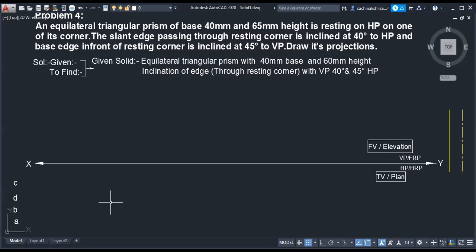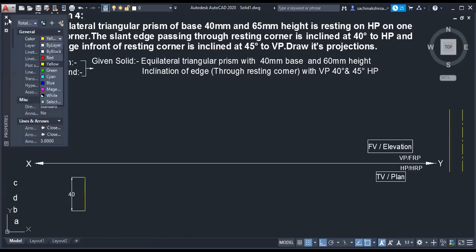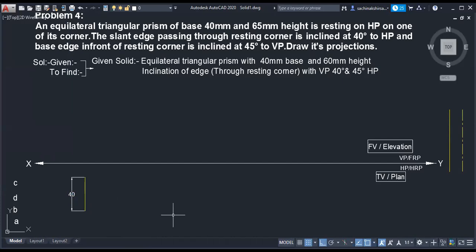So first I will draw one vertical line of 40 mm. Then I have to complete the equilateral triangle of 40 mm. How can I complete this? Take a distance of 40 mm in the compass and mark.